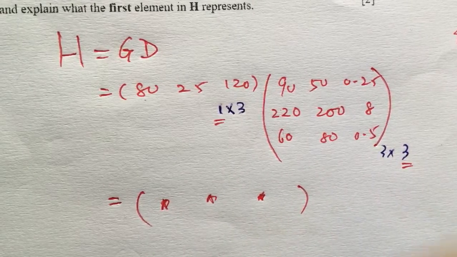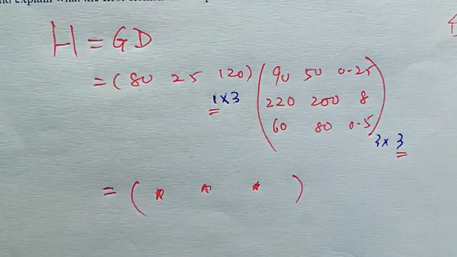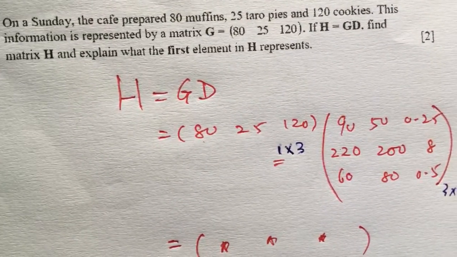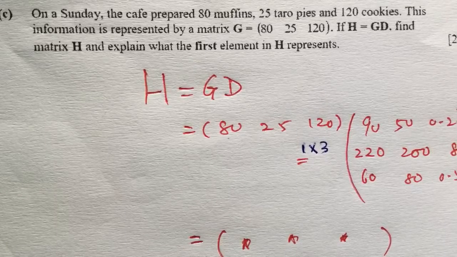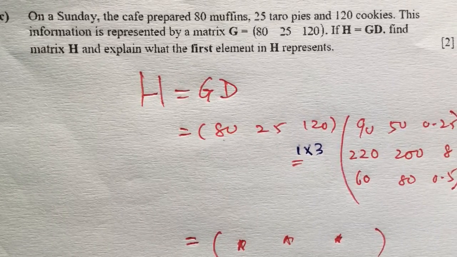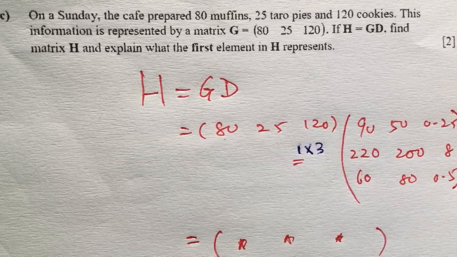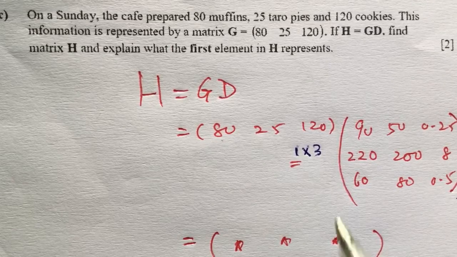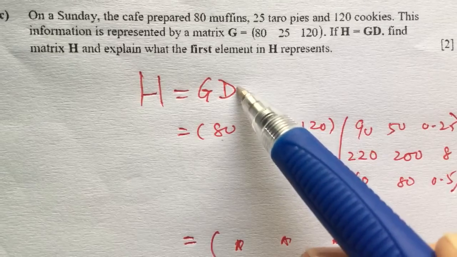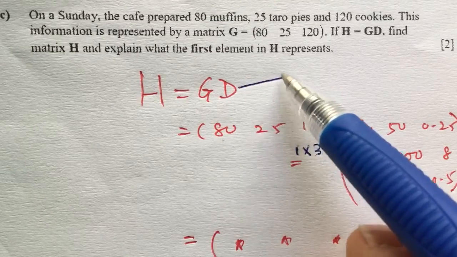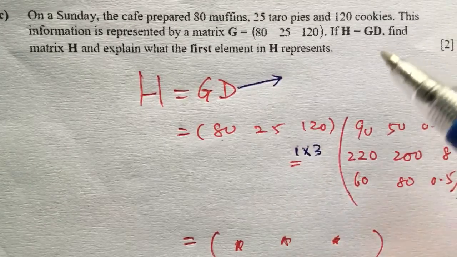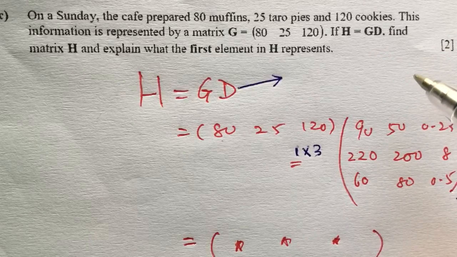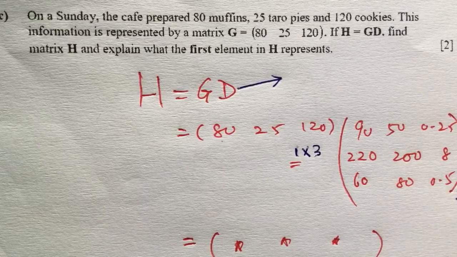What I'm interested in is what would be the meaning of H, because in this question you're supposed to explain what the first element in H represents. So before that, let's take a look at this matrix D. Matrix D represents the amount of each type of ingredient needed to make each type of pastry.